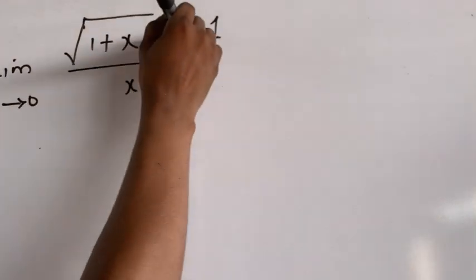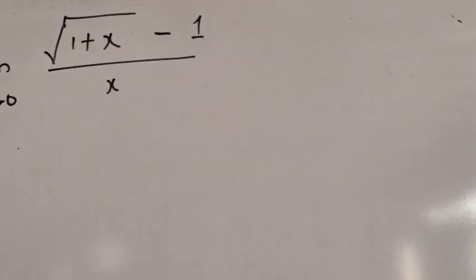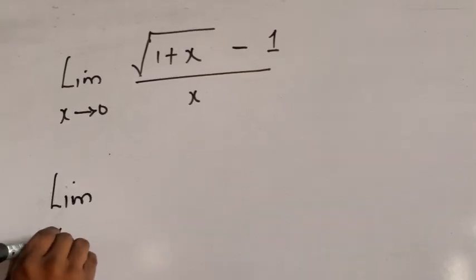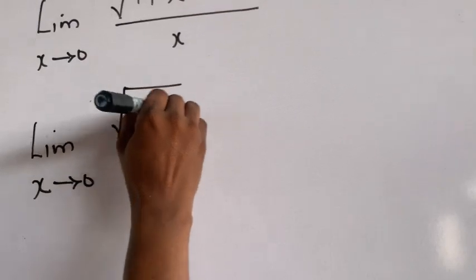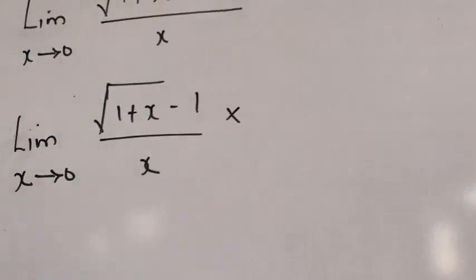By rationalizing the numerator, I will look for the conjugate of this expression. That is, you need the idea of surd. The conjugate will be a positive value. The limit as x tends to 0 of root 1 plus x minus 1 over x. So you multiply with the conjugate.